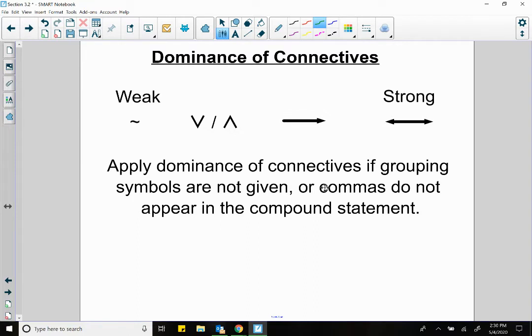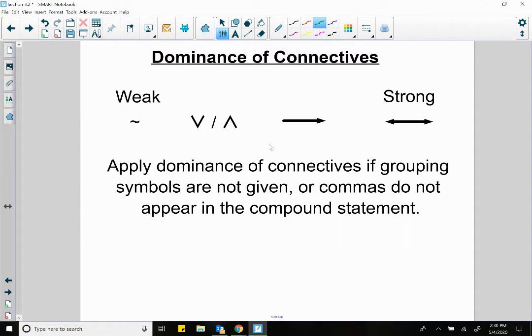Commas are a signal saying, hey, there are parentheses in this. But we will apply this information if they do not give us parentheses from the beginning when we're in symbols, or they do not give us commas in our written out statement. You're going to see how that works here in a second.